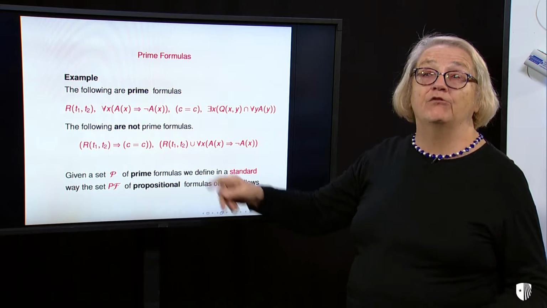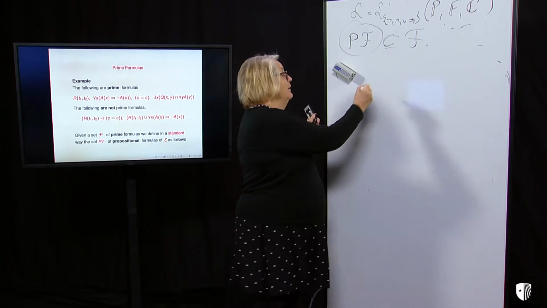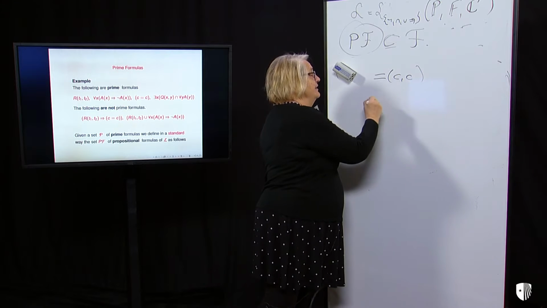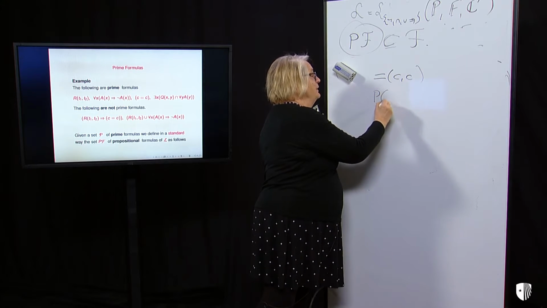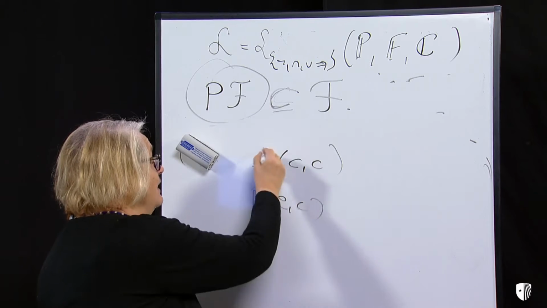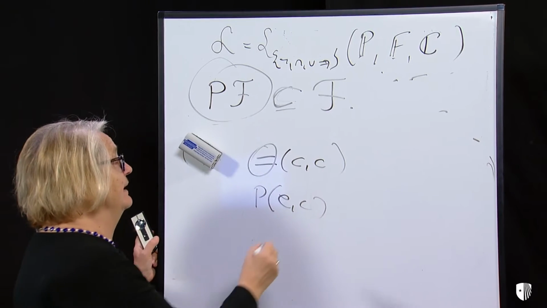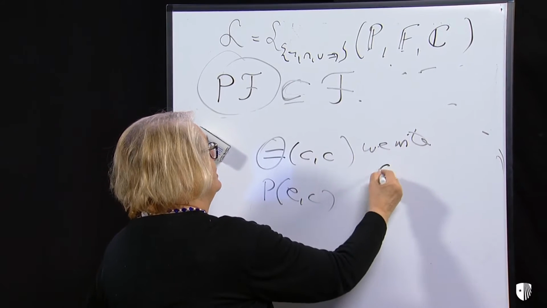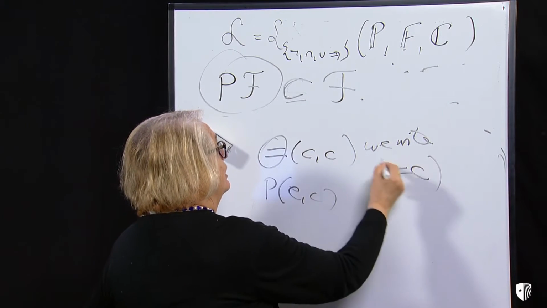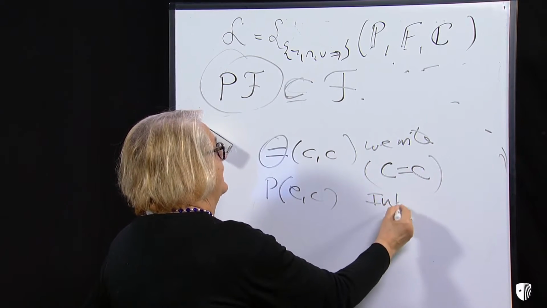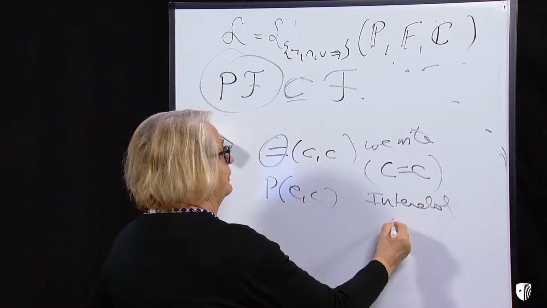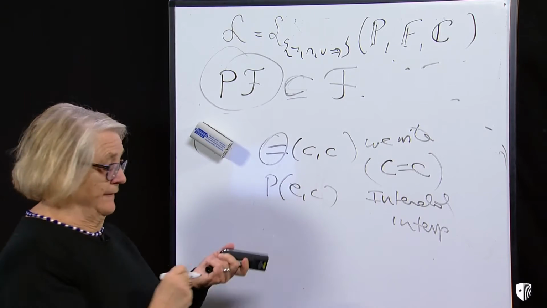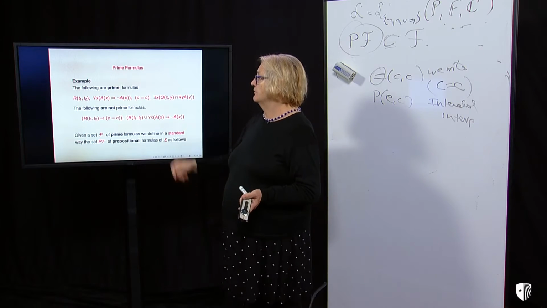This is an atomic formula because we assume that c is a constant, and equality we write in our language as c equals c, because we have this intended interpretation of equality. So that's why that is our atomic formula.